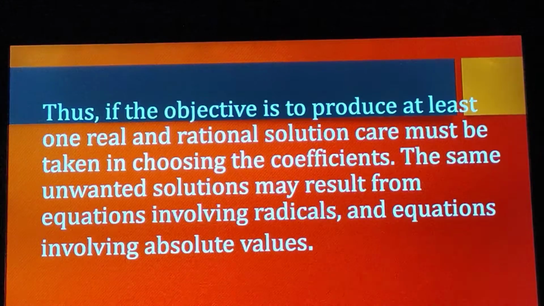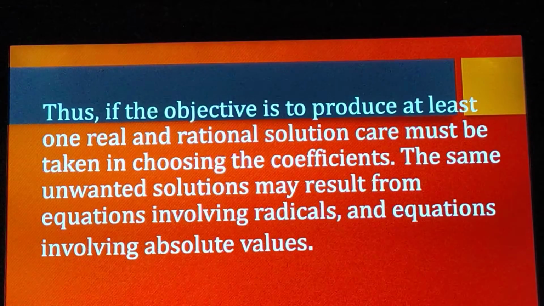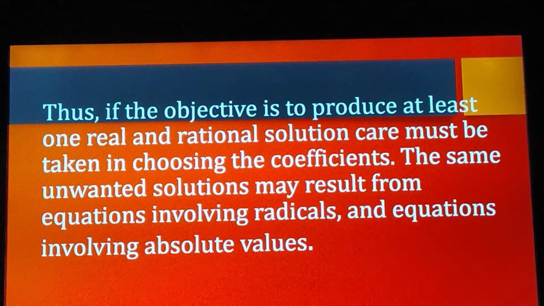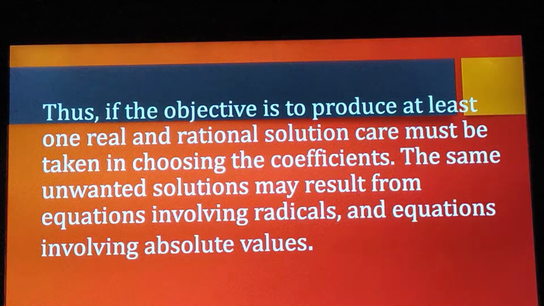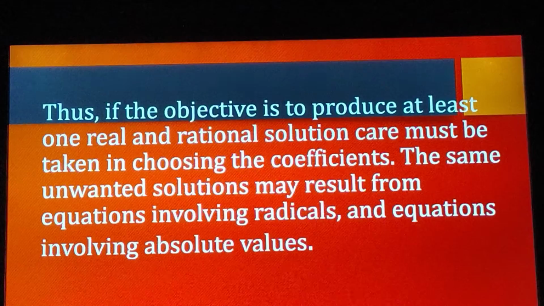Thus, if the objective is to produce at least one real and rational solution, care must be taken in choosing the coefficients. The same unwanted solutions may result from equations involving radicals and equations involving absolute values.